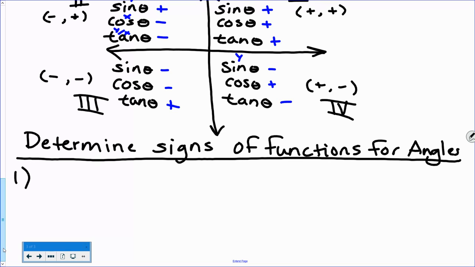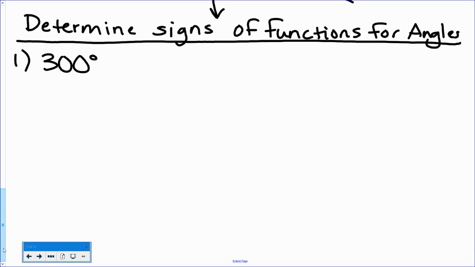You'll be given a particular angle. So if I give you 300 degrees and I want to find the sign for each trig function, well, we just looked at where the quadrants are at, so I need to figure out where is 300 degrees.